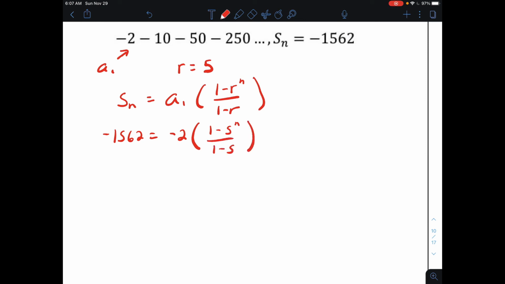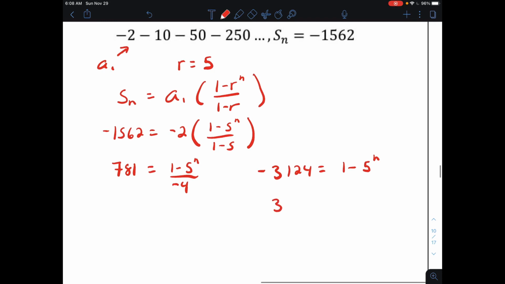And then we work our way to start solving. So I'm going to start by dividing by -2. We get 781 is equal to 1 minus 5 to the n power over -4. I'd multiply by -4. It's going to give us -3,124 is equal to 1 minus 5 to the n power. I could subtract 1 and then divide by -1.